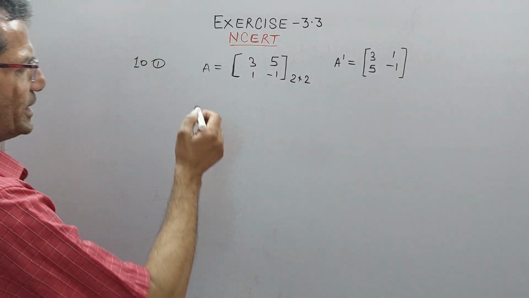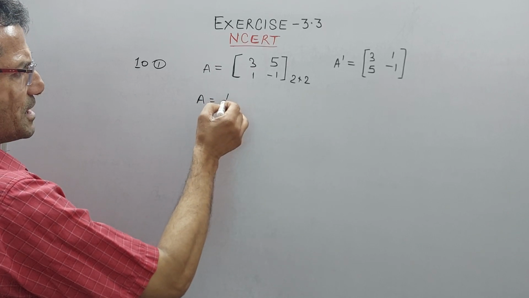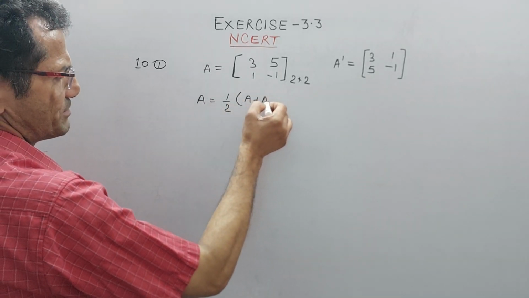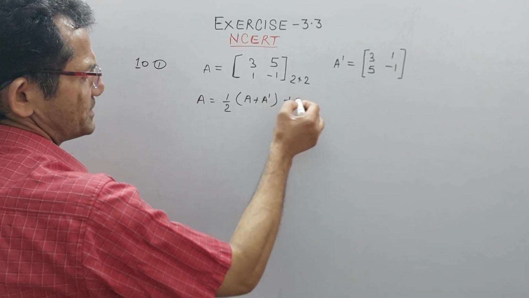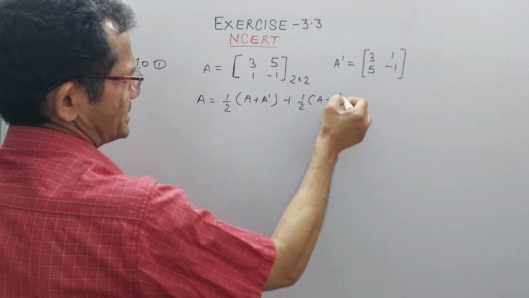We already know that any matrix can be written as half of A plus A transpose plus half of A minus A dash.